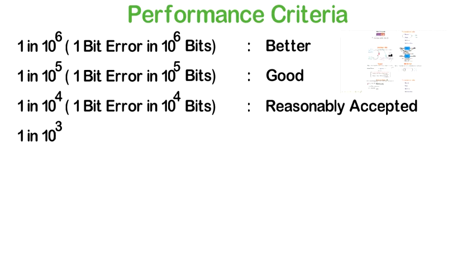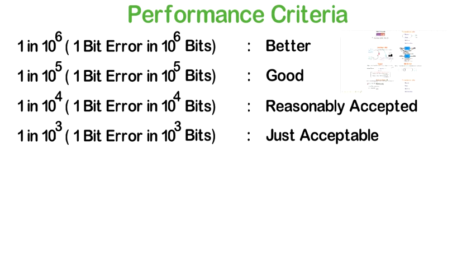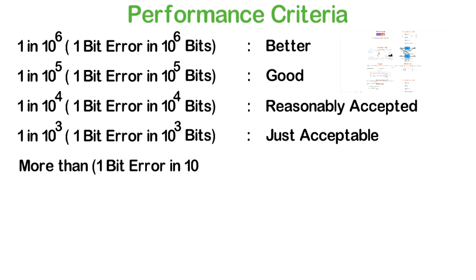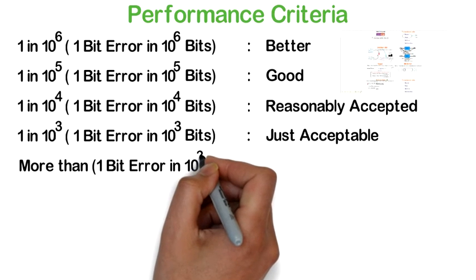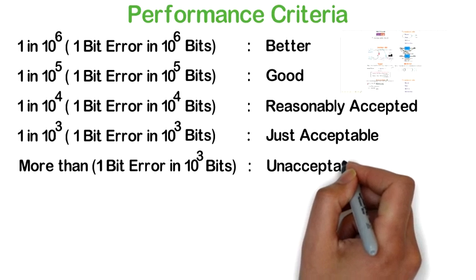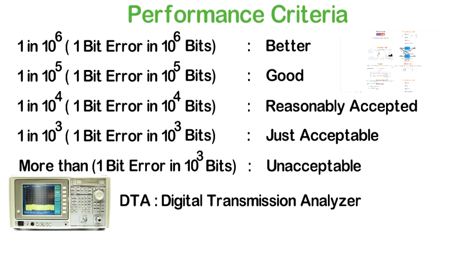If we have 1 bit error in 10 to the power 3 bits is just acceptable performance, and error occurs more than 1 bit error in 10 to the power 3 bits is not at all acceptable in telecom. Therefore, we use digital transmission analyzer, which provides level of bit error rate of telecom equipments.